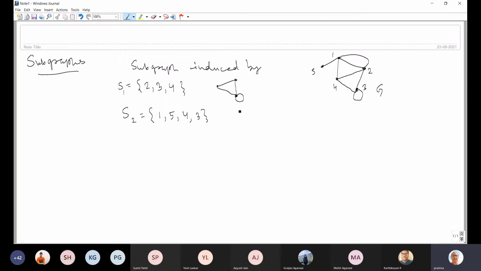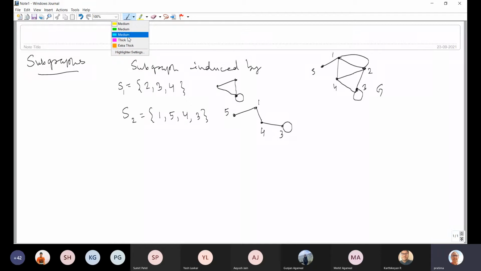Then the subgraph induced by these vertices will have this self loop also. This is vertex 5, this is vertex 1, this is 4, and this vertex is 3. No more edges are there in this subgraph.